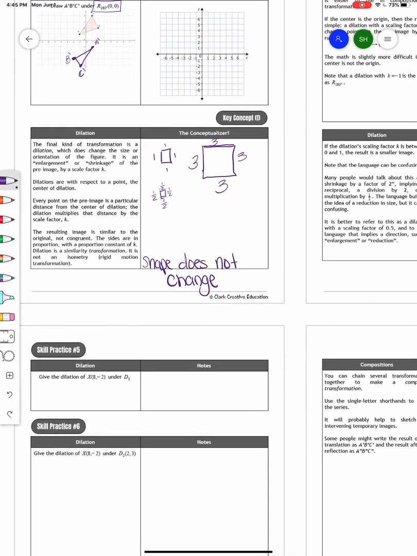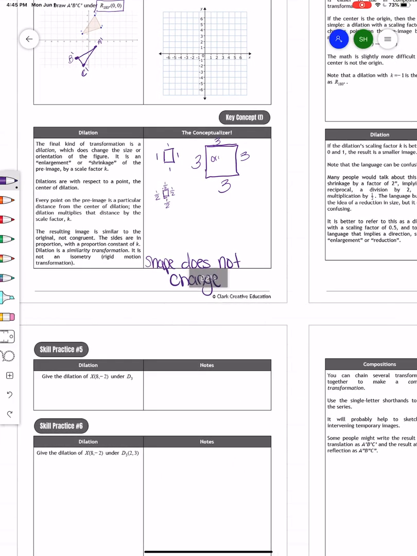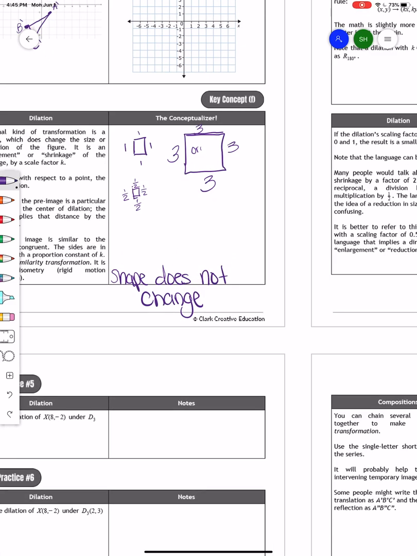So, if this is my original, this purple box right here, and I want to know what I have to do to get to there, I know that I'm going to multiply each side by 3. If I wanted to know how to get to here, I'm multiplying each side by 1/2.